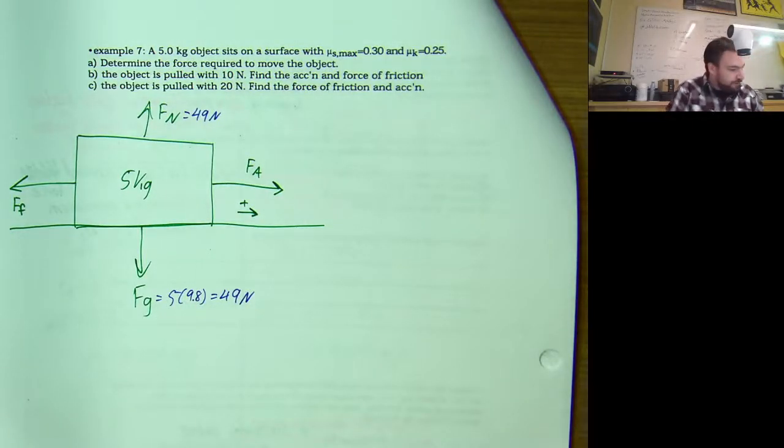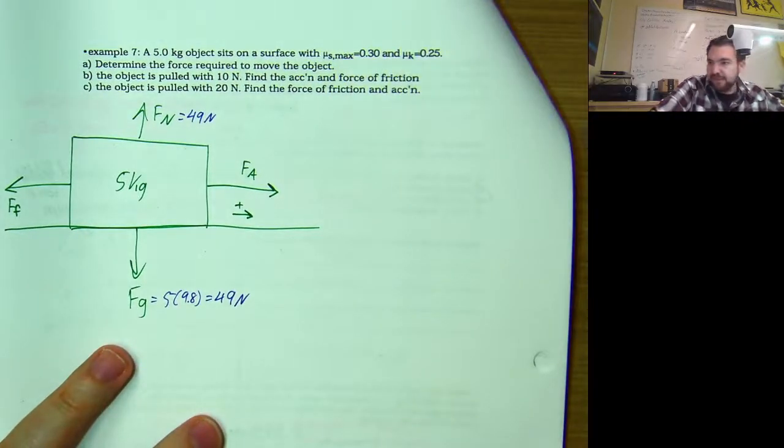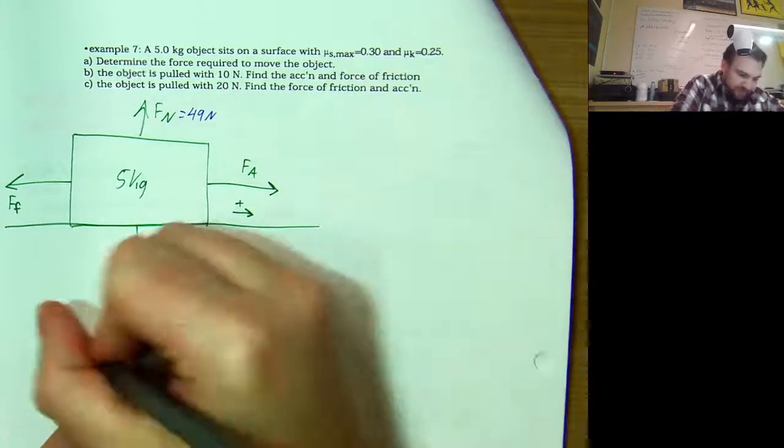Okay, so the force required to move the object. Oh, sorry, that was really loud. Here we go.